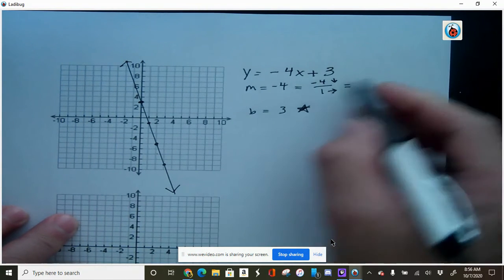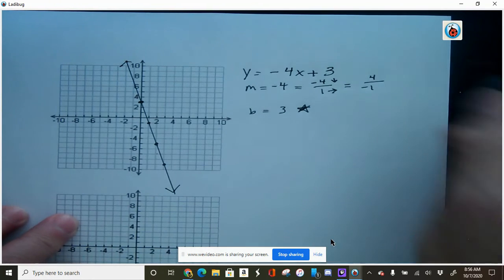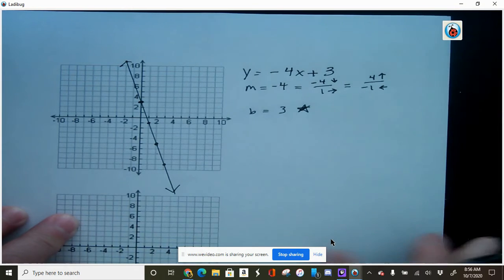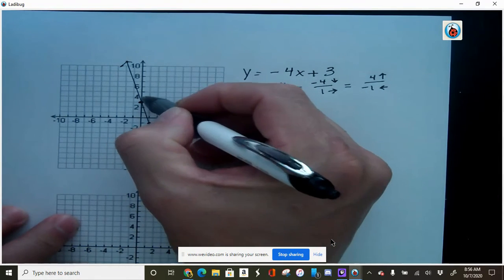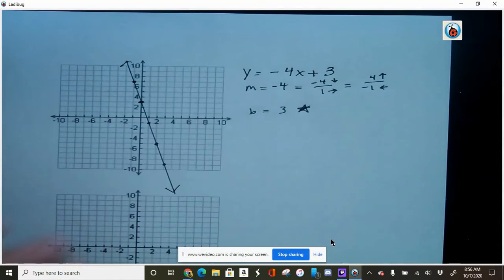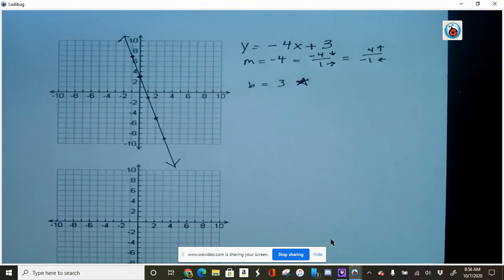I can move that negative down to the denominator, and that means that I will go up 4 and left 1. So let's just pick a point here. If I go up 4, 1, 2, 3, 4, and left 1, I fall right on top of the line. So that is okay to do, but typically we don't, except for certain situations. And I'm sure we'll come across that situation sometime over the next few classes.